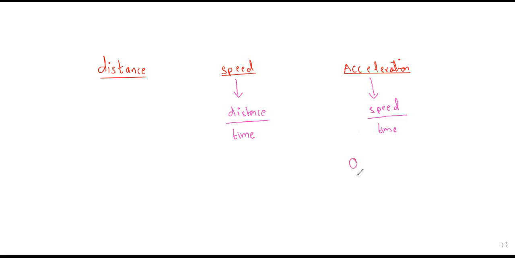Obviously when you start the car, it's at rest, so the speed is zero, and then after, let's say, 10 seconds, the speed gets to 20 kilometers per second. Now the acceleration would be 20 divided by 10, that is 2. What exactly is the acceleration? Acceleration is basically the change in speed with time.